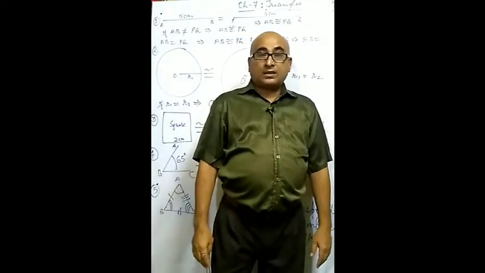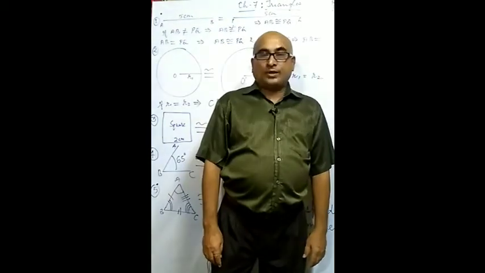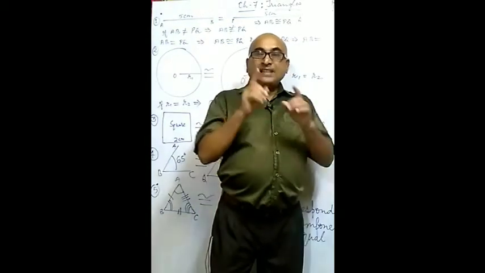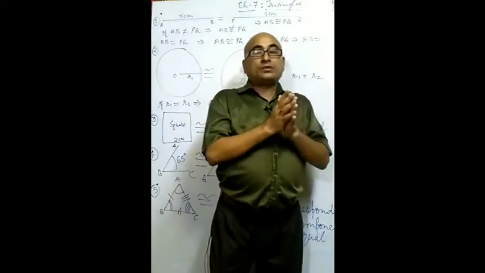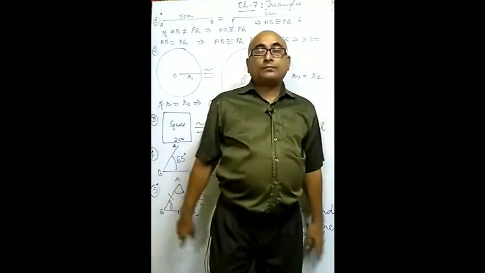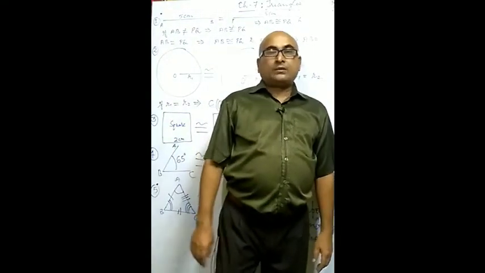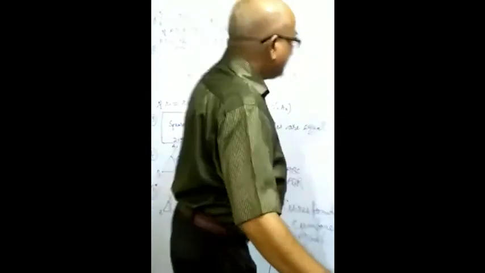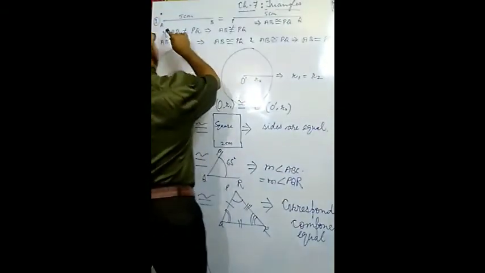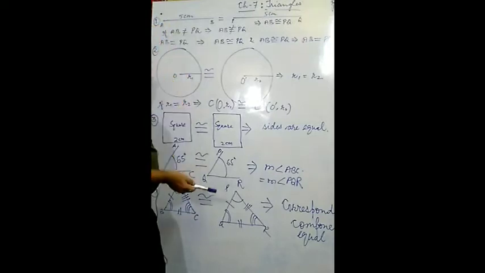So let us start our journey with congruency of line segments. Suppose a line segment AB is there and a second line segment PQ is there, as mentioned here on the whiteboard. You may observe that the length of line segment AB is 5 cm.